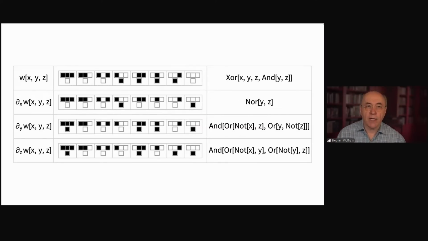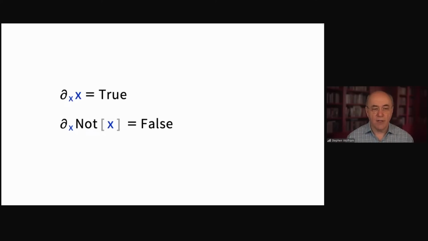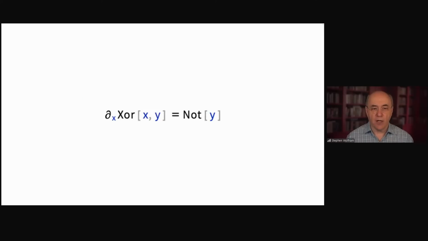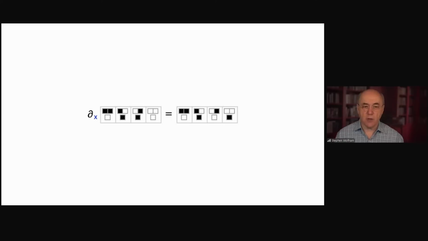So one can compute a discrete analog of a derivative for any Boolean function. So for example, we have strange formulas like this and a formula like that. The derivative of XOR is NOT. And we could also write that in this way here, that the derivative of this explicitly written out rule is another explicitly written out rule.